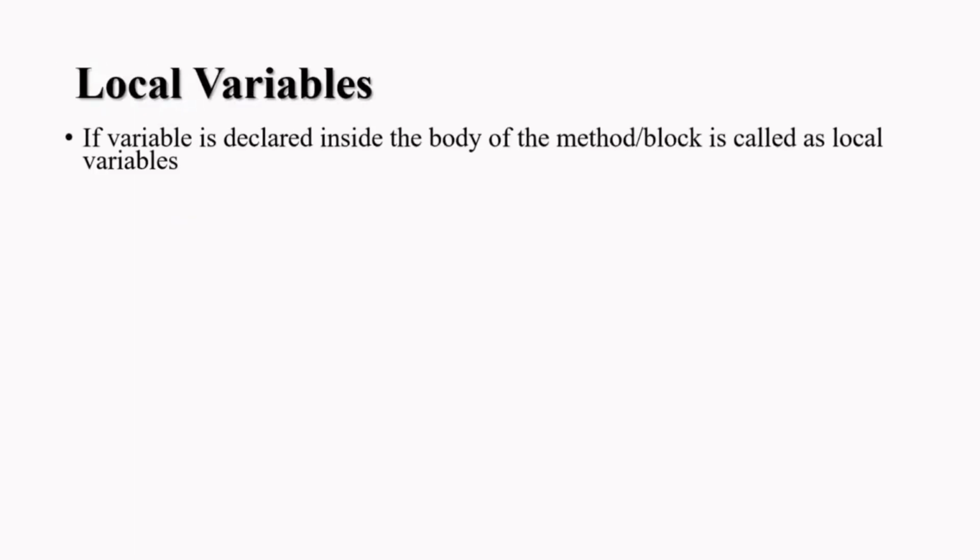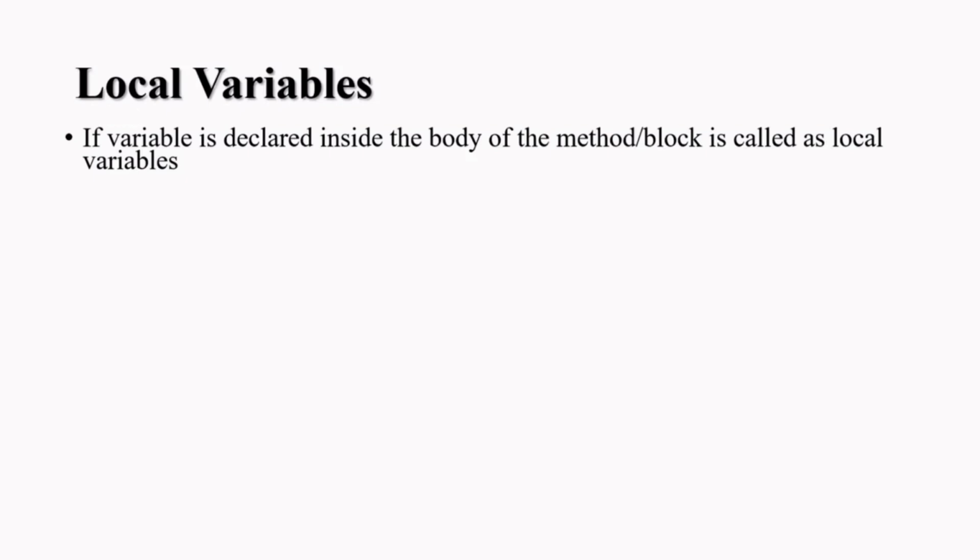And these are the types of variables: local variables, instance variables, and static variables. Local variables: if a variable is declared inside the body of a method or a block, it is called a local variable. You can use this variable only within the method or block.